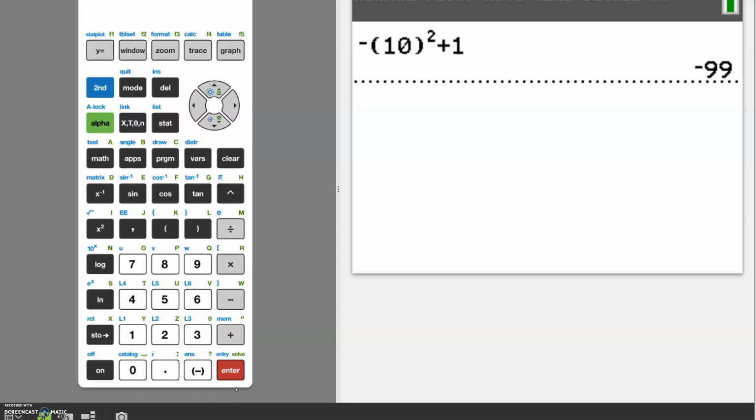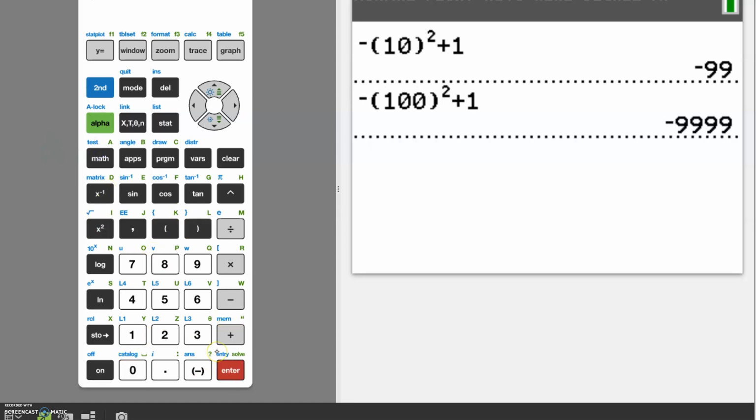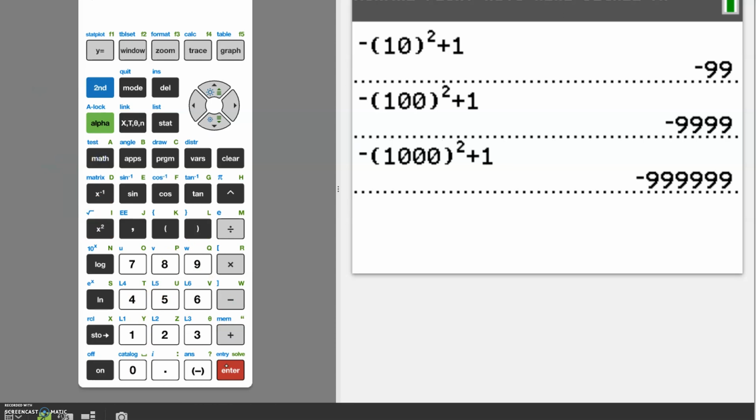I get a pretty big negative number out. Negative 100 squared plus 1. I get an even bigger negative number out. Negative 1,000 squared plus 1. Even bigger.